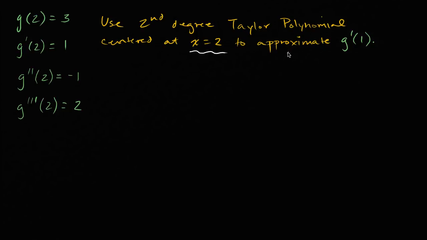So let's just remind ourselves what a second degree Taylor polynomial centered at x equals 2 would look like for a general function f of x.